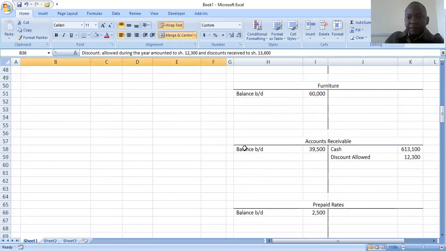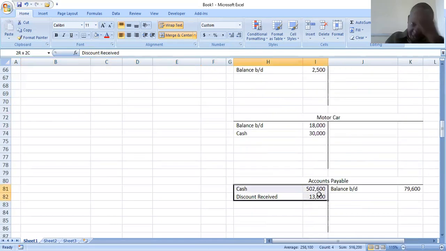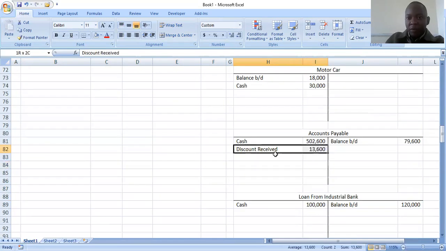Then on the other side, a discount received is a revenue or a gain to the business. Whenever a revenue is earned, we are supposed to credit the revenue account. So this debit in the accounts payable should be credited in the discount received account, discount received being a revenue.